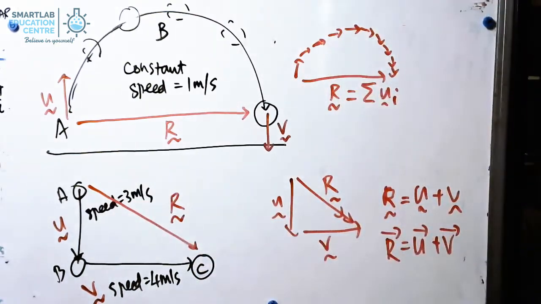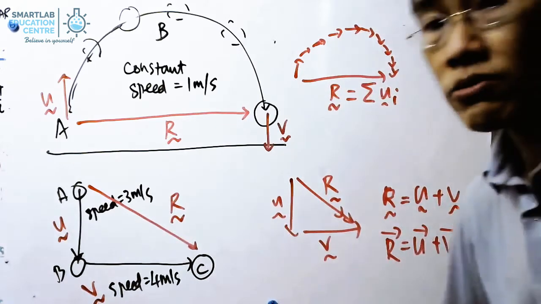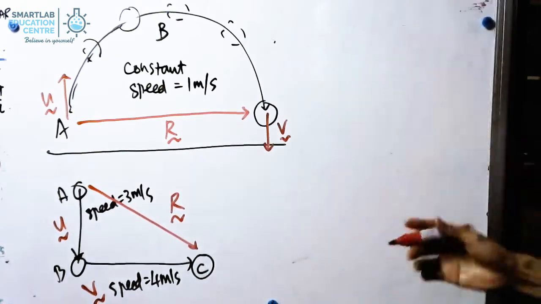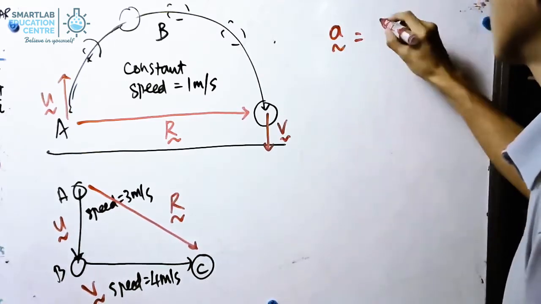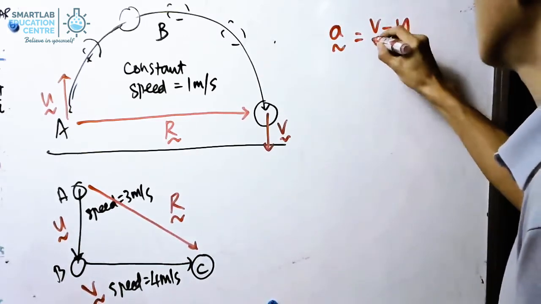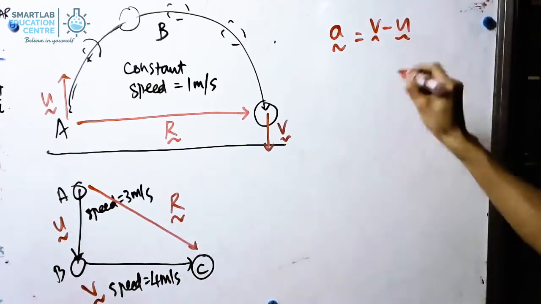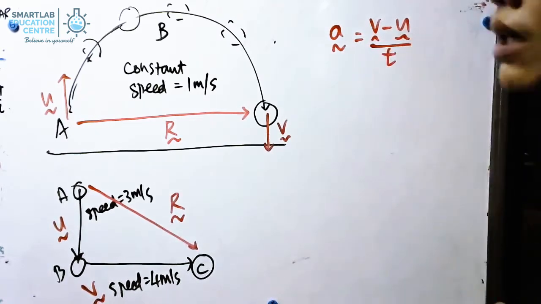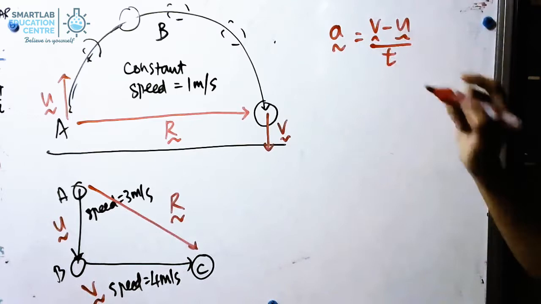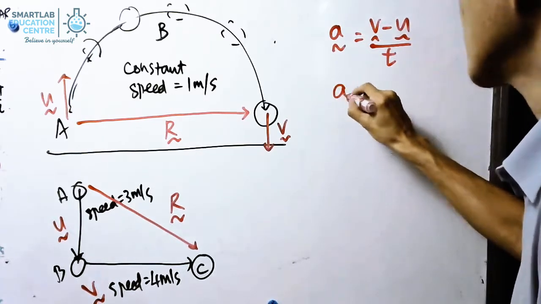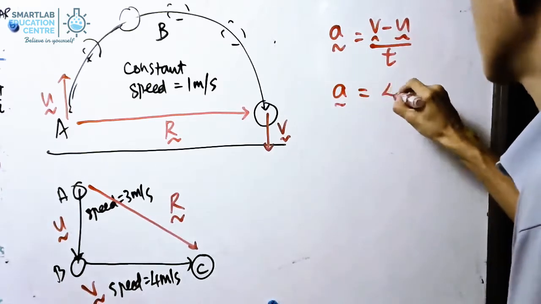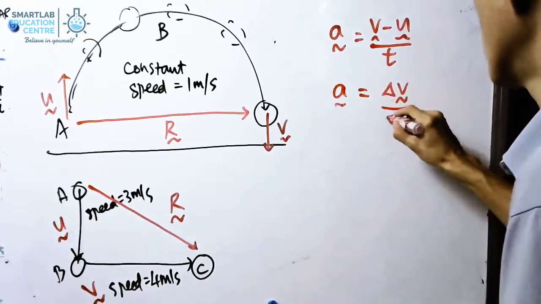All right. Let's take a look at acceleration. As far as acceleration is concerned, it has v minus u. These two are both vector components, while your change in time is a scalar. So the key thing for us will be to look at change in v over time.